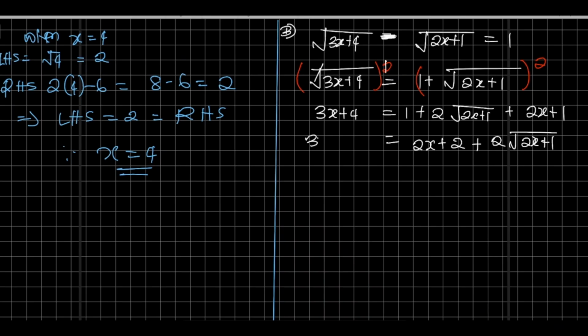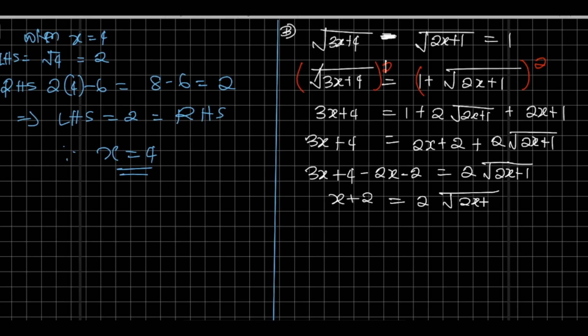So 3x plus 4, we can collect like terms further. Move 2x plus 2 over to this side, that'll be 3x plus 4 minus 2x minus 2 equals 2 brackets square root of 2x plus 1. So 3x minus 2x gives us x, 4 minus 2 gives us 2, so x plus 2 equals 2 brackets square root of 2x plus 1.